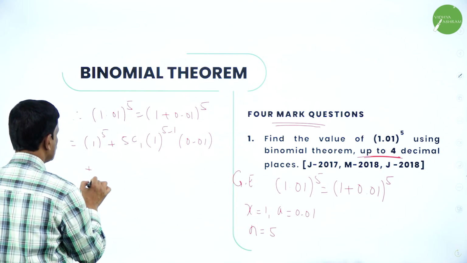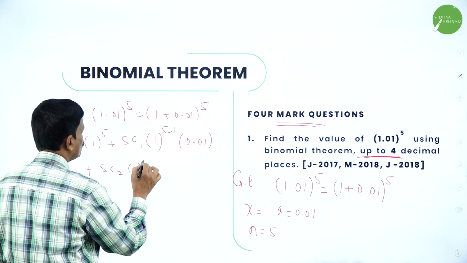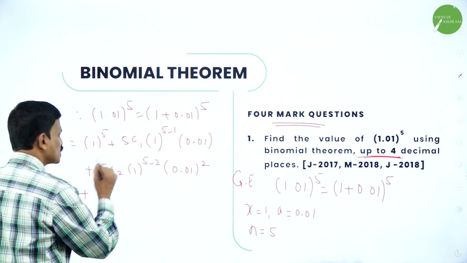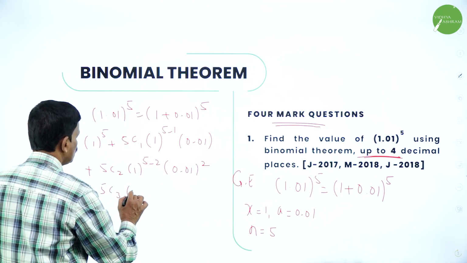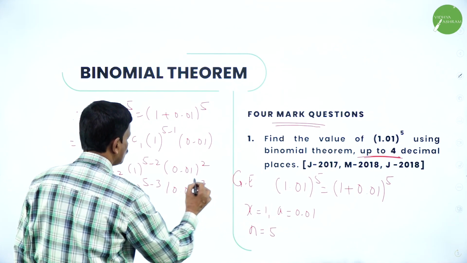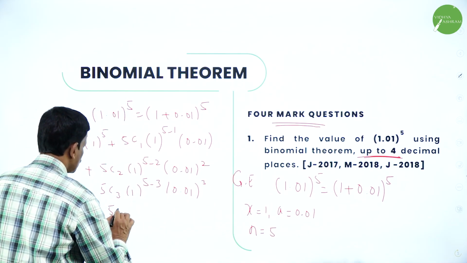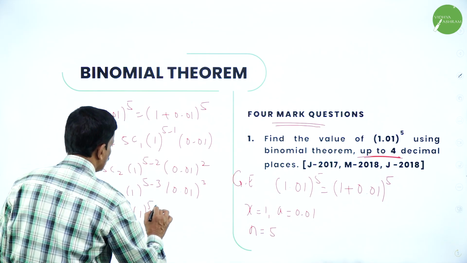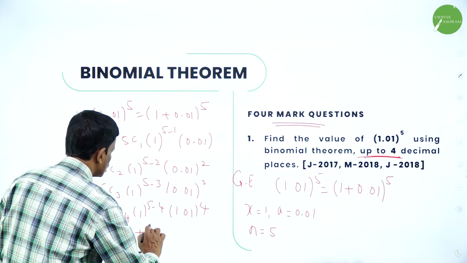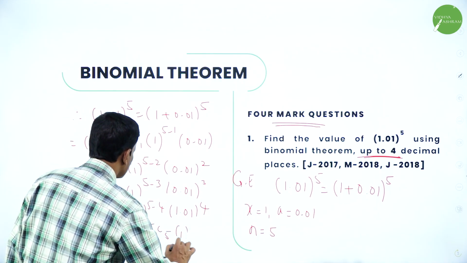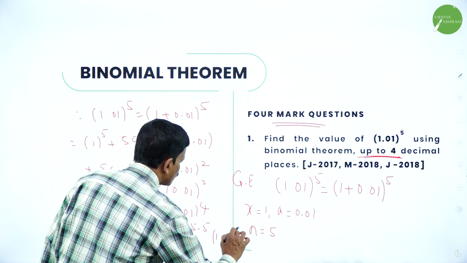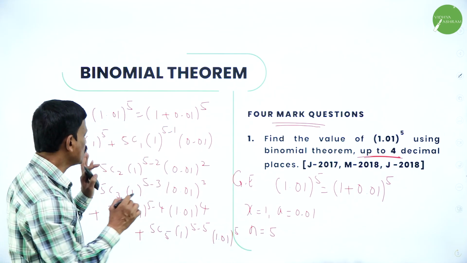Next plus 5C2 into 1 to the power of 5 minus 2 into 0.01 whole square, plus 5C3 into 1 to the power of 5 minus 3 into 0.01 whole cube. Next 5C4 into 1 to the power of 5 minus 4 into 0.01 whole raised to 4, and the last term is 5C5 into 1 to the power of 5 minus 5 into 0.01 to the power of 5. So just substitute in the formula.